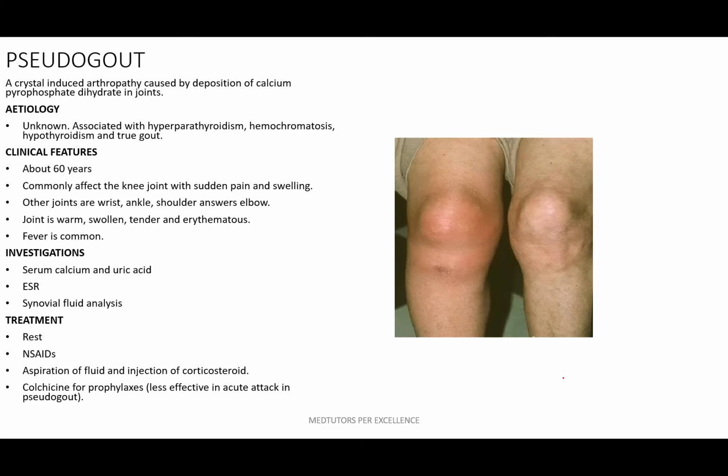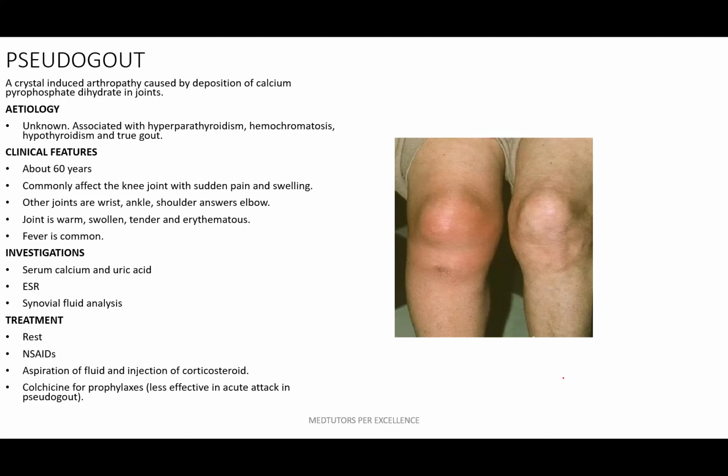The actual etiology is not known, but it is associated with hyperparathyroidism, hemochromatosis, hypothyroidism, and true gout. It occurs in those 60 years and above, commonly affecting the knee joint with sudden pain and swelling.